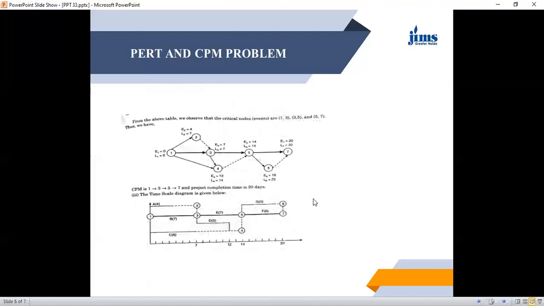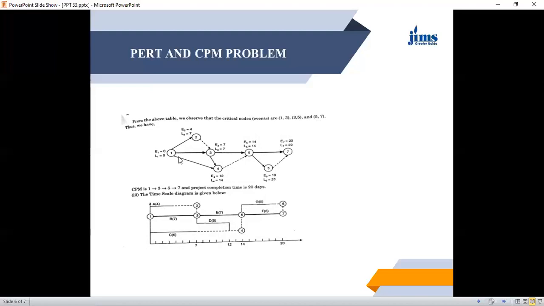So considering all these data, we have given the earliest start and latest start of each activity in this table. And then we find what is the CPM.